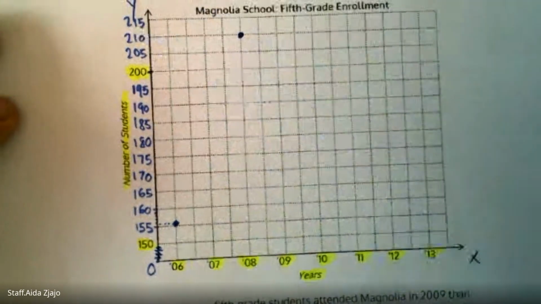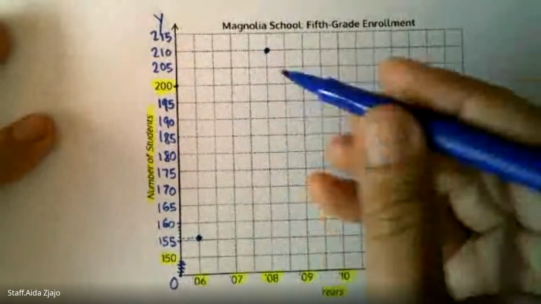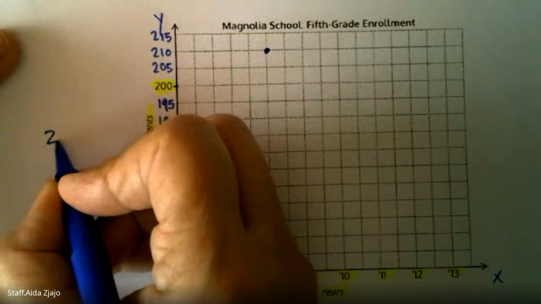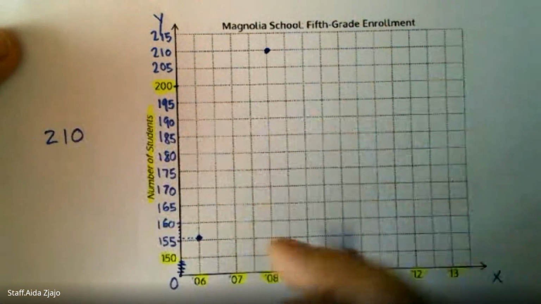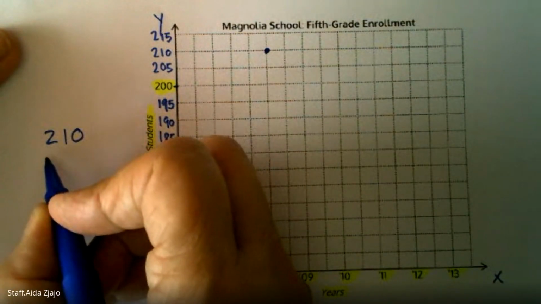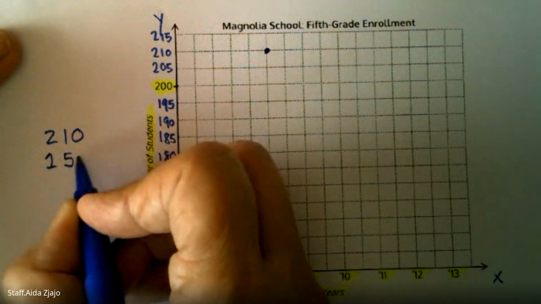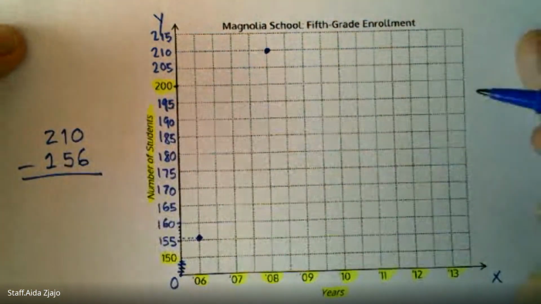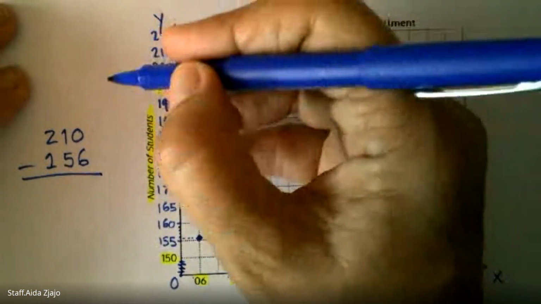So we need to find the difference between this 210 and the beginning of the school opening, which was 156. So when I subtract, I will see what the growth is for those 2 years.